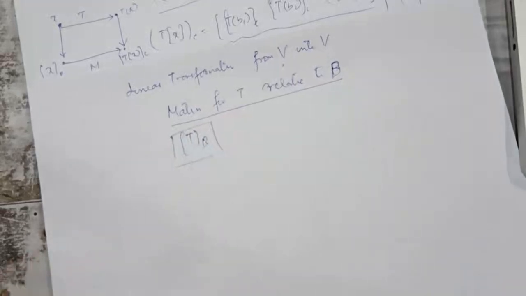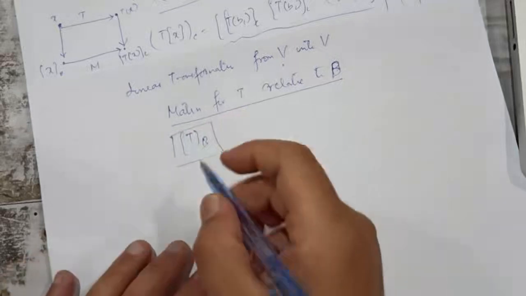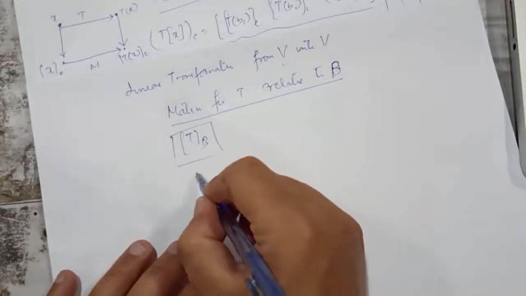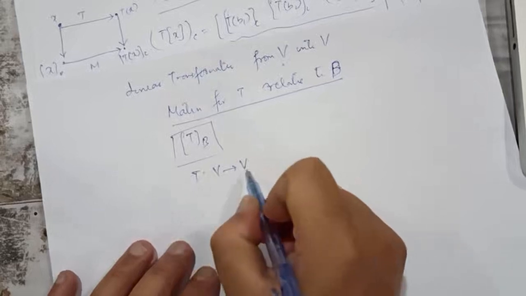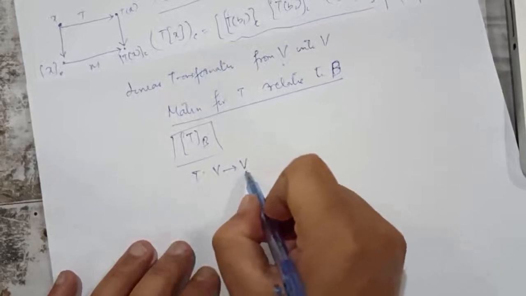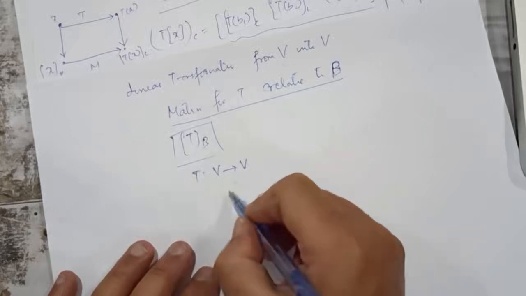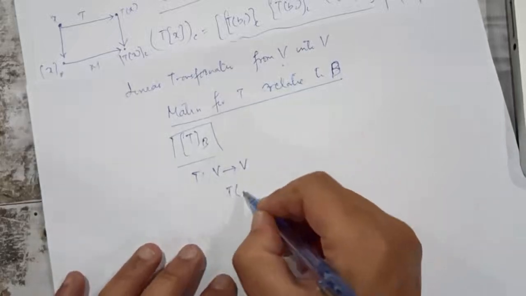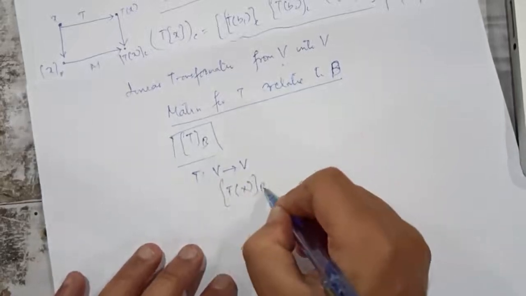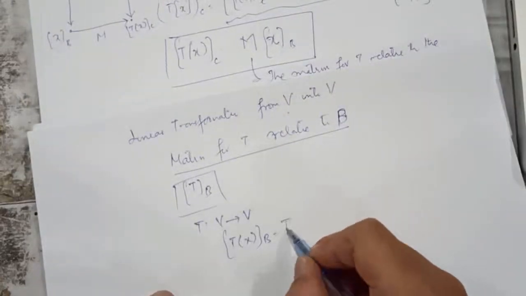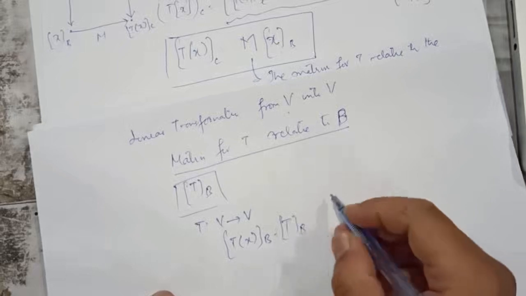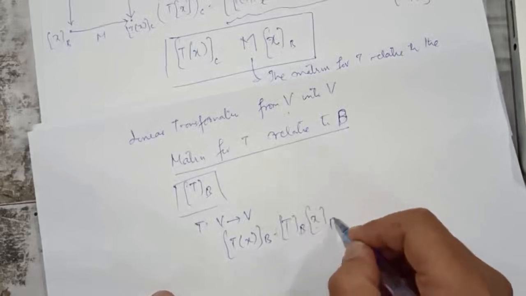So we can now think of T of B, the beta matrix, which transforms the points V into the same points in V, and from our previous knowledge is nothing but T of B and X of B, right?